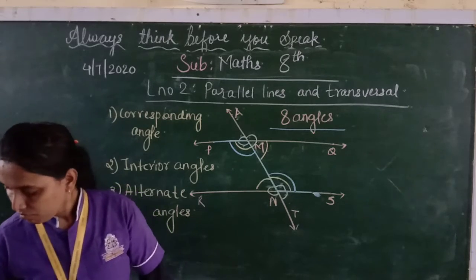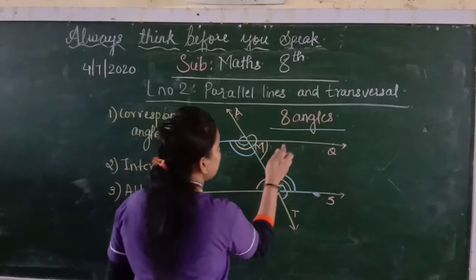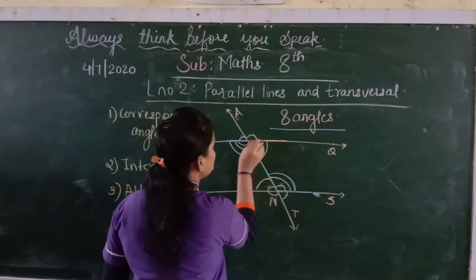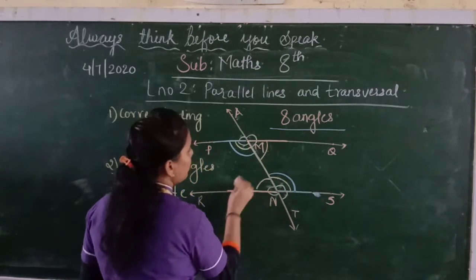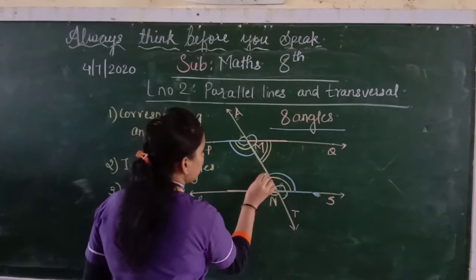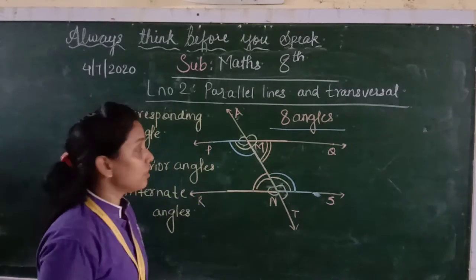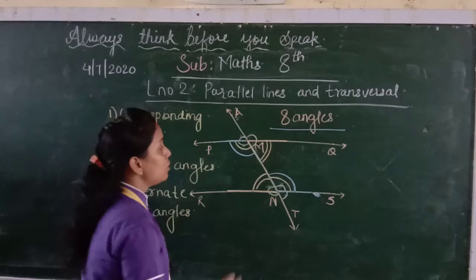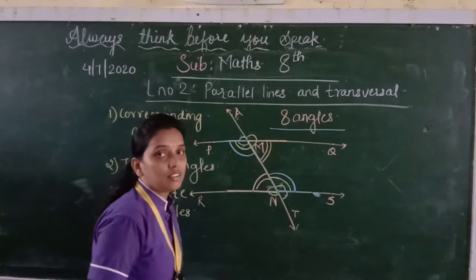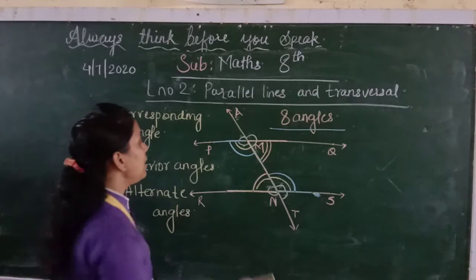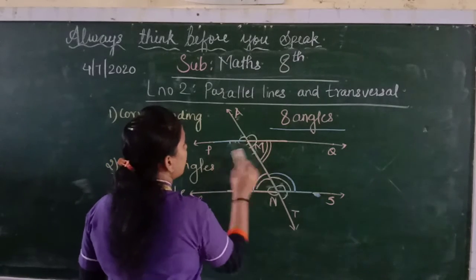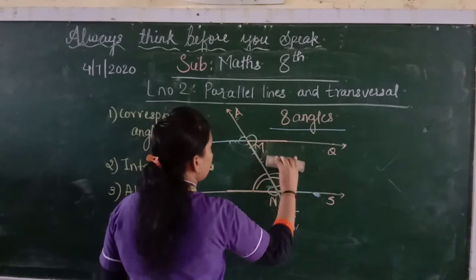If you are considering this side, this is the reverse Z which it is forming, and these will be the corners of the Z. So these are alternate angles. Now in alternate angles also there are interior alternate and exterior alternate. Now let me show you again.